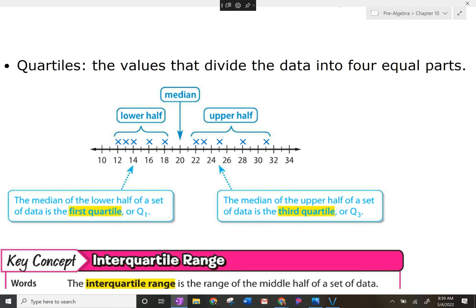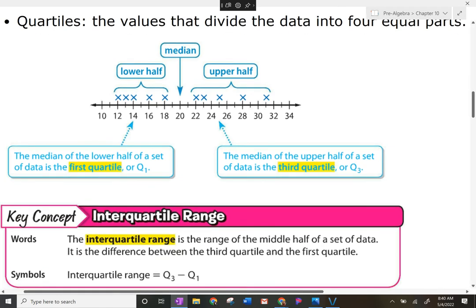Over here, that median will be our third quartile, or Q3. That's what the notes are saying. The median in the lower half of the data is referred to as Q1. The median in the second half of data is referred to as Q3.